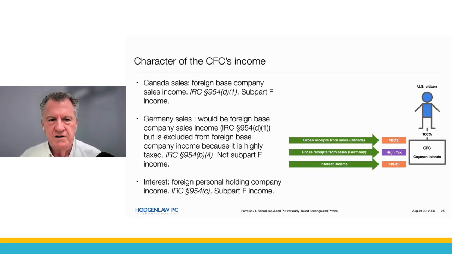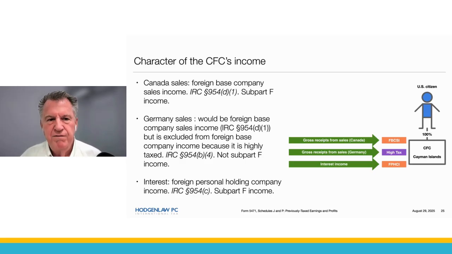The German sales, again, we have purchase of inventory from a related party manufacturer, sale to the general public. So it's that functionality that creates it as foreign-based company sales income.